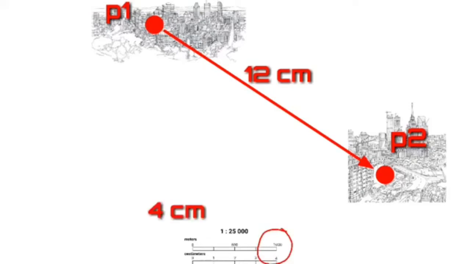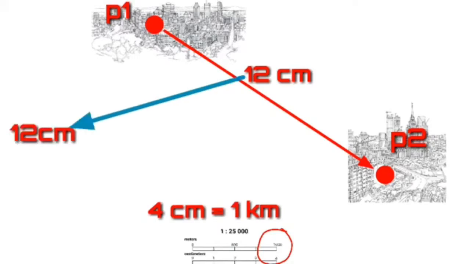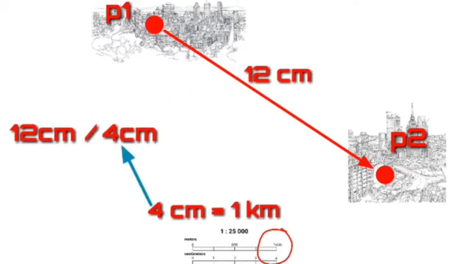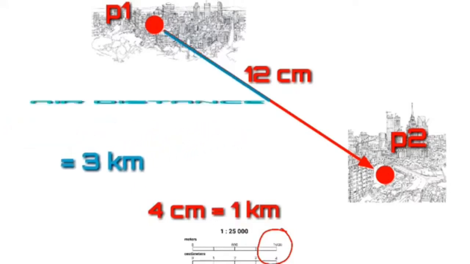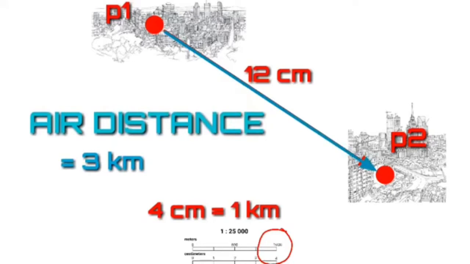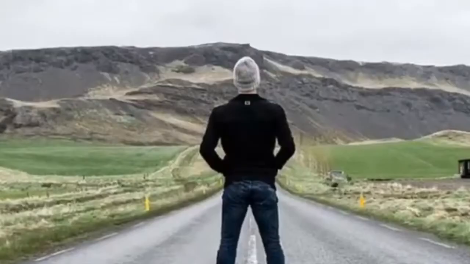The statement says that 4 centimeters is equal to 1 kilometer. So 12 centimeters divided by 4 is equal to 3 kilometers. So our air distance is 3 kilometers, but it is only effective if the road is straight.